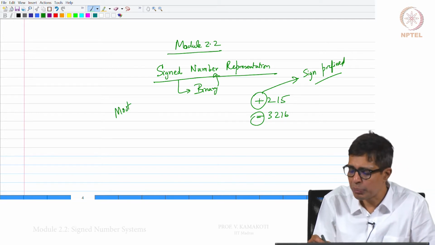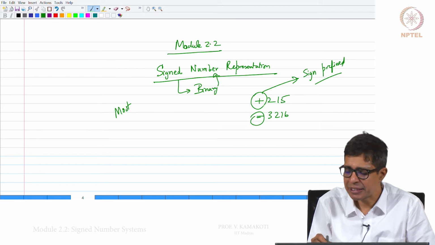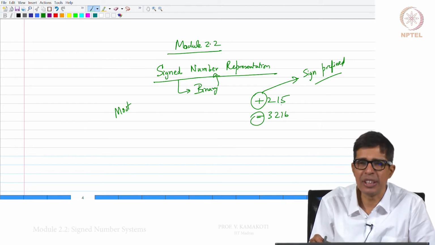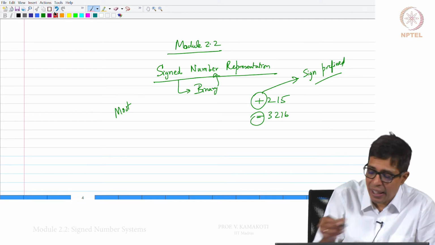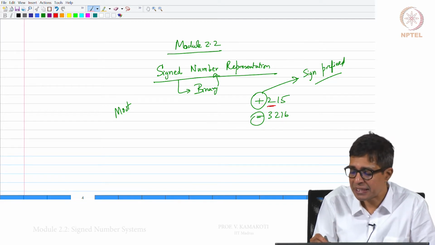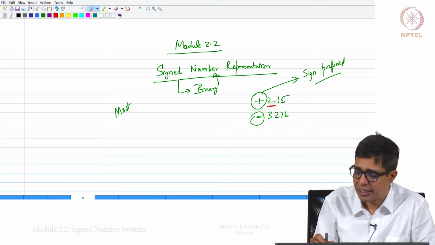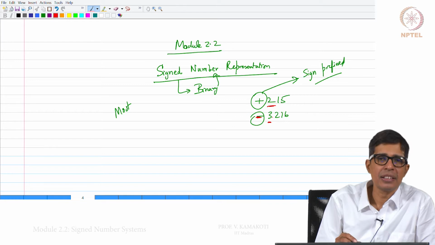Here also we have the most significant position, right. Plus is plus 215, where 2 is the most significant digit, and we had the plus after the most significant digit. Similarly, -3216, 3 is the most significant digit, and you had the minus just before the most significant digit.